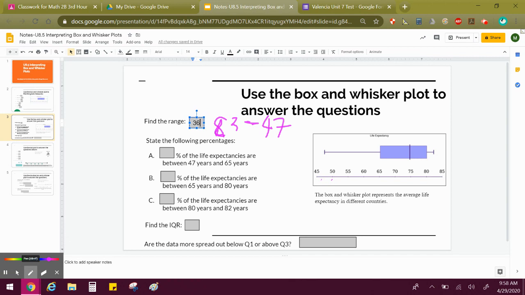So let me get some labels going. My Q1 is at the end of the box right here. That's my Q1. My Q2 is right here in the median. And then my Q3 is the far right side of the box right here.